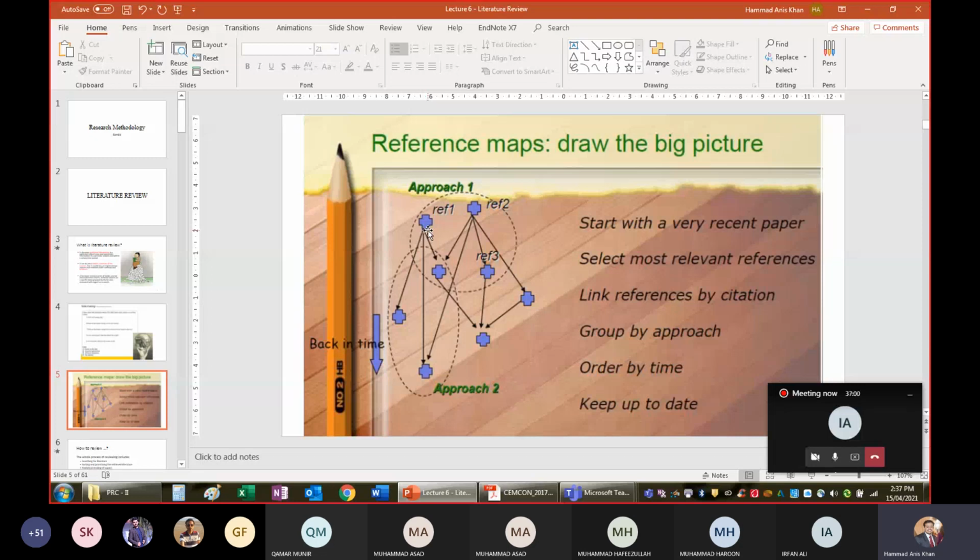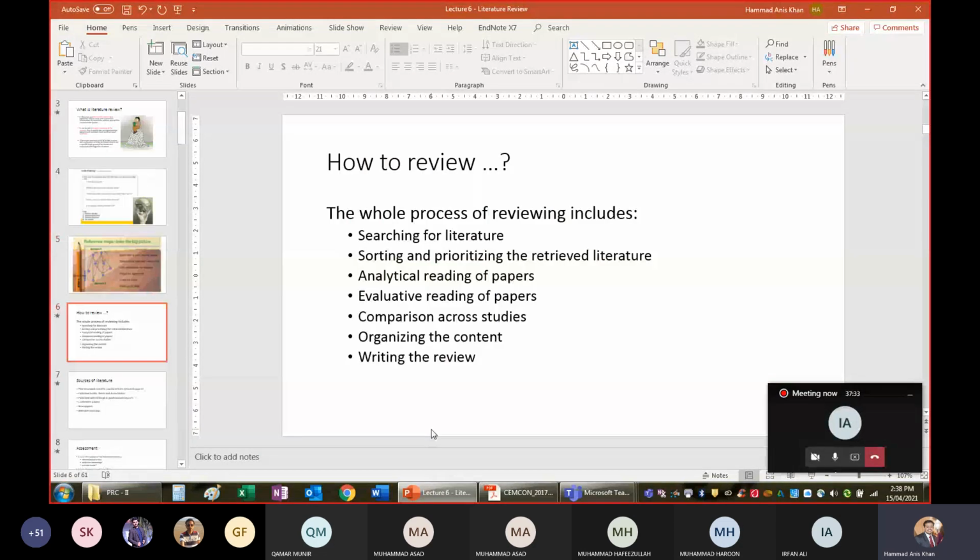You are moving back in time, and you try to link the references of different research papers, group those references, and see which references are important to you and which are not. In this way you move back, and this approach is known as the reference map approach in literature review. It is a very efficient approach to increase your library and your knowledge on a certain topic.